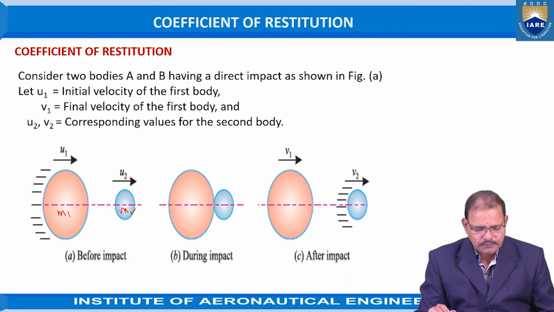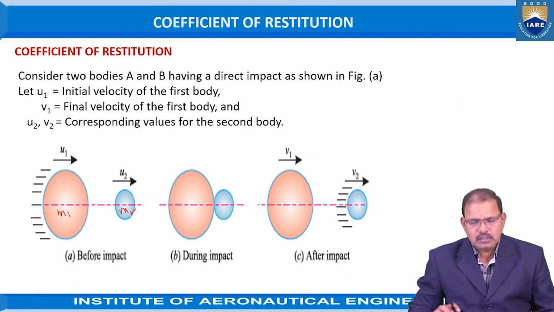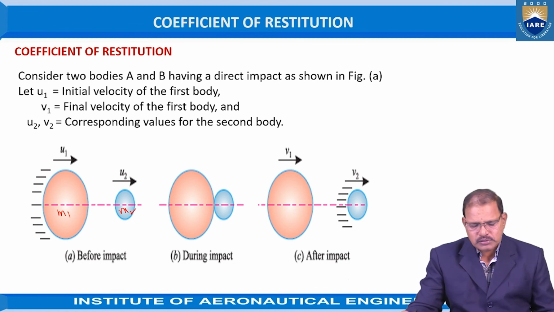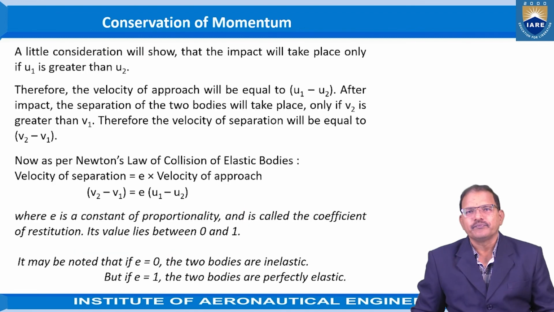So according to Newton's law of collision, the velocity of separation is always in a constant ratio with the velocity of approach. That means v2 minus v1 is equal to e into u1 minus u2.